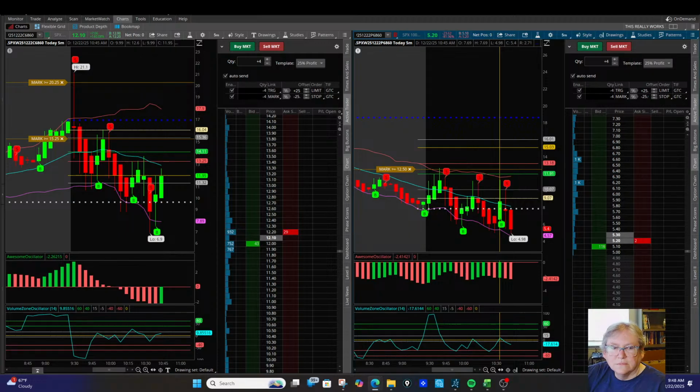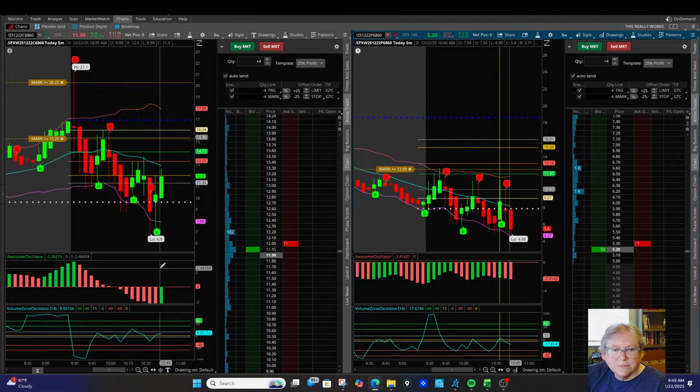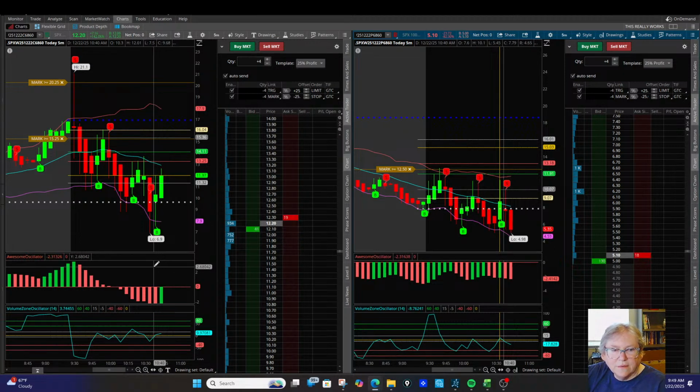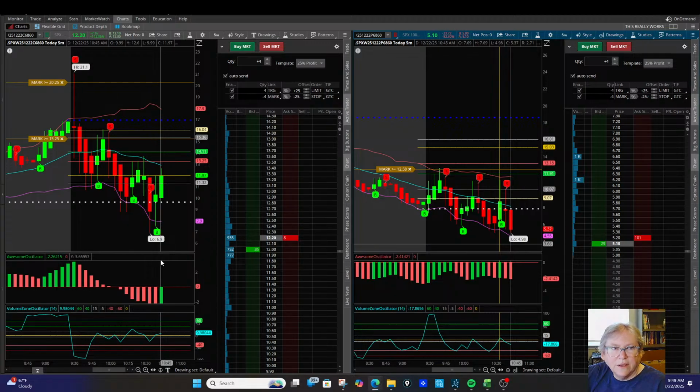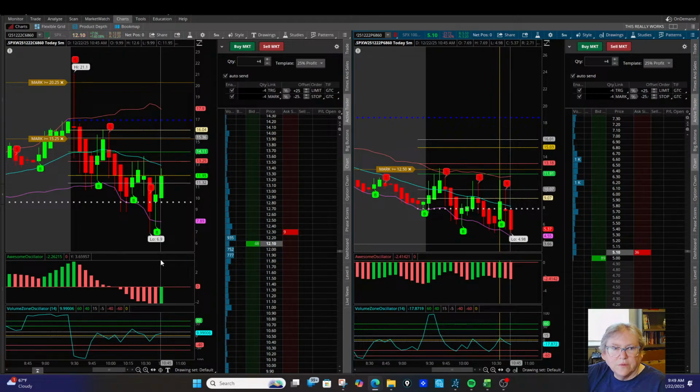We finally have the green bar here. So if I had waited to get this green bar, the awesome oscillator is at 1220.